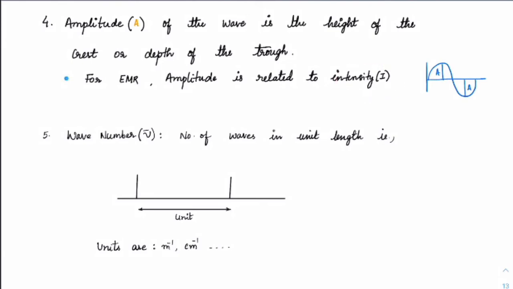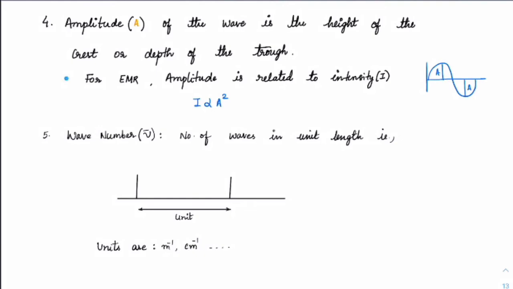If intensity is more, amplitude will also be more, or if amplitude is more, intensity is more, and this is how it is related. Why it is related that way, you will be learning slowly in physics. We are not here to discuss intensity. Don't worry about that.